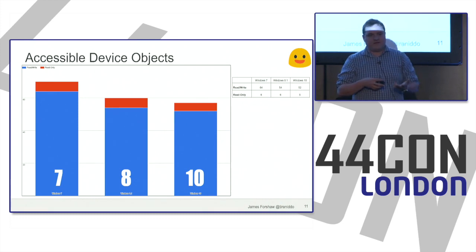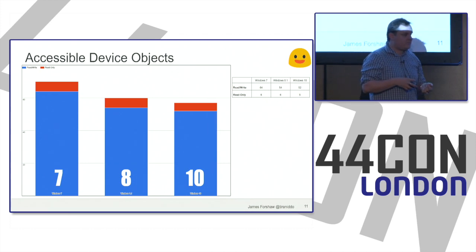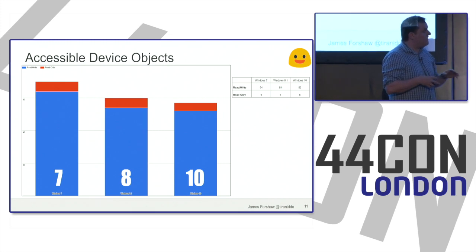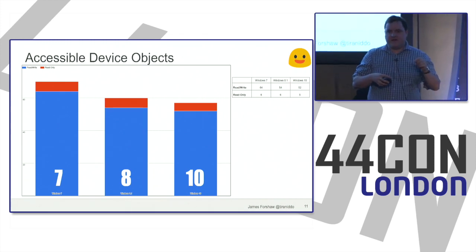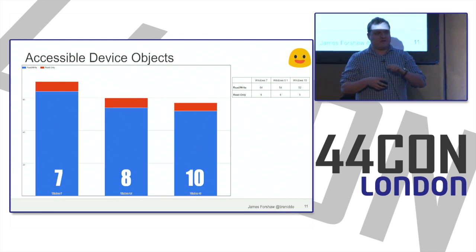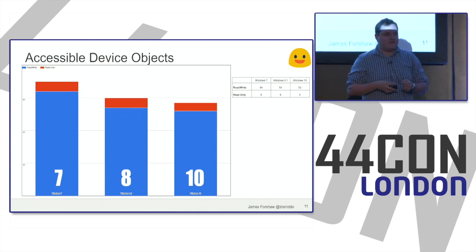So device objects are user-accessible device nodes, effectively like /dev in a Unix system, which basically allow you to connect and send commands to that device driver. And these are figures taken from just the normal user. So these are not an administrator user. These are just your normal, everyday, standard user.